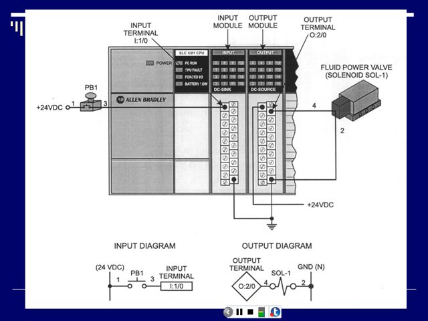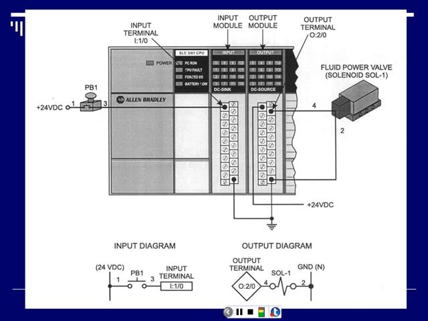Okay, so here's where they connected the solenoid, and it is connected to the ground, and it is connected to the output terminal O:20. And the push button is connected to the 24 volts. Then it's connected to the push button and to input 0. So this is I10.